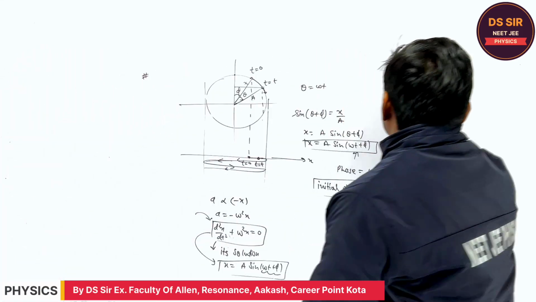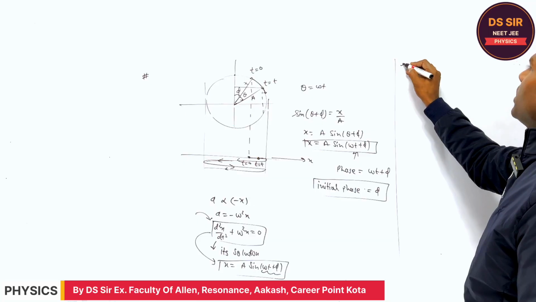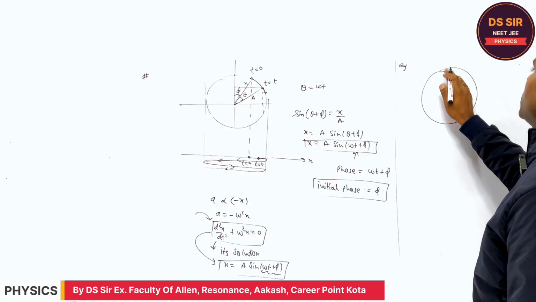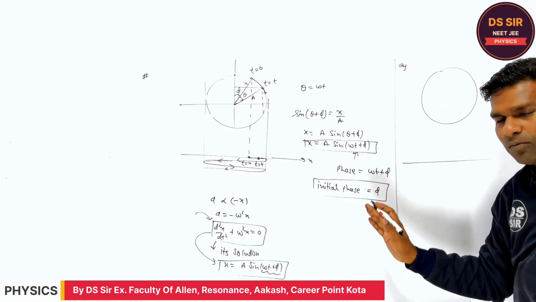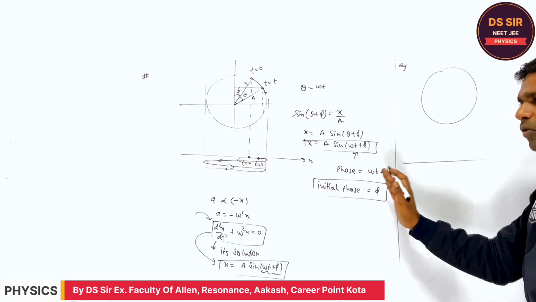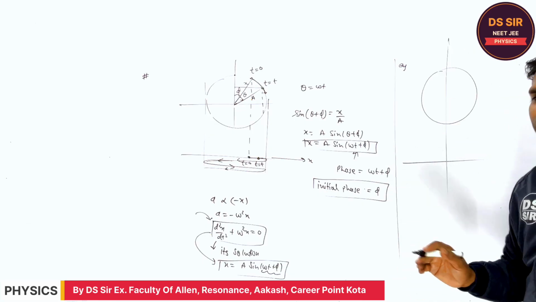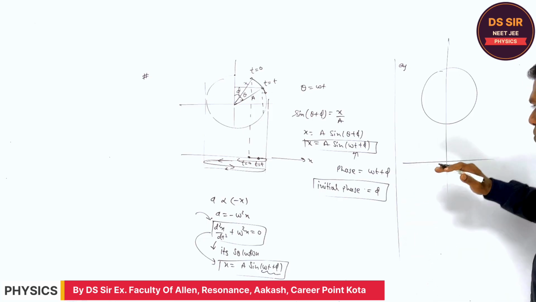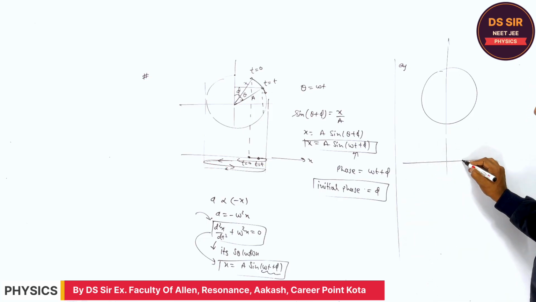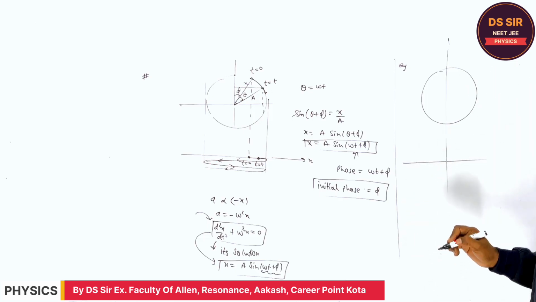For example, listen one thing. Although we have to consider the particle performing SHM on a straight line, the concept of the phase is very tough. So we will relate the phase to this uniform circular motion, right?